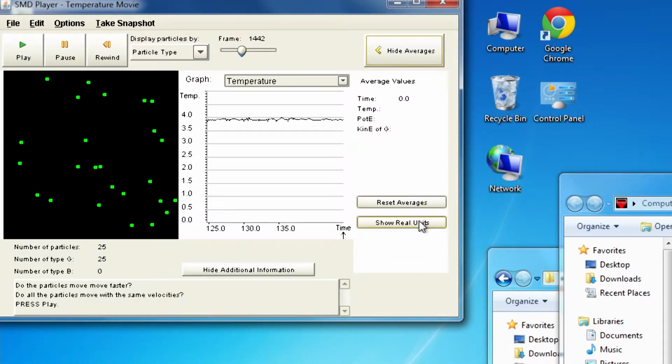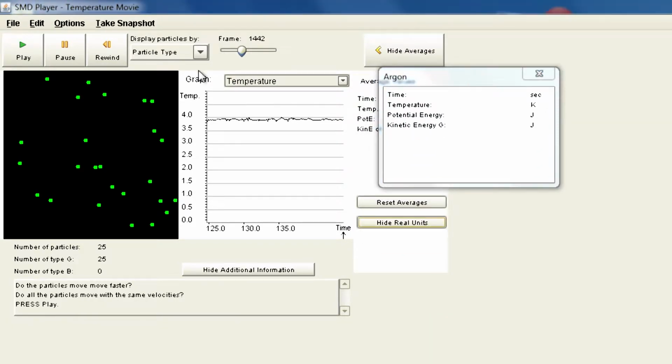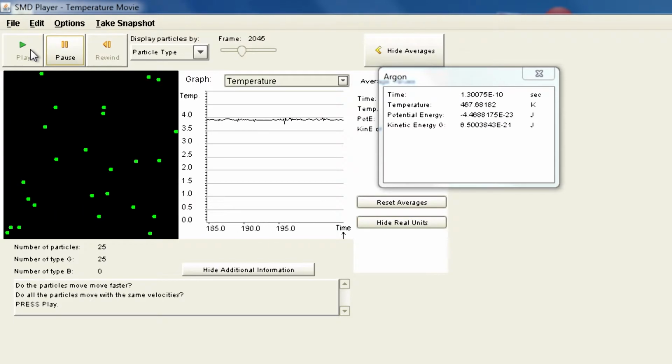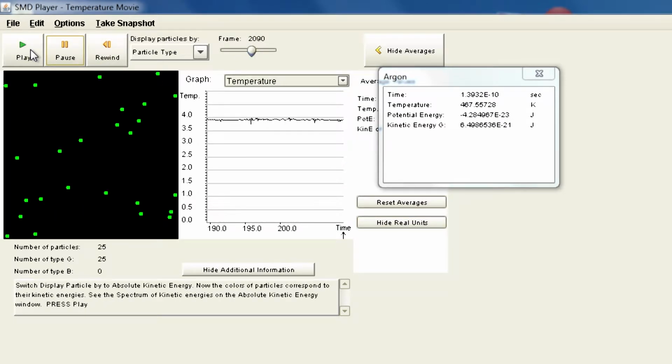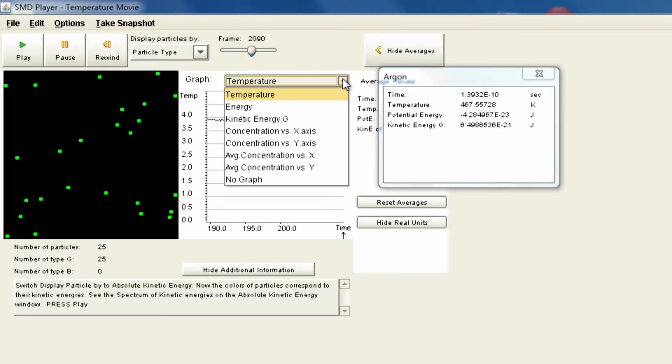Now let me show the averages and show real units, and let's start again. In this case, we look at the particles by absolute kinetic energy.